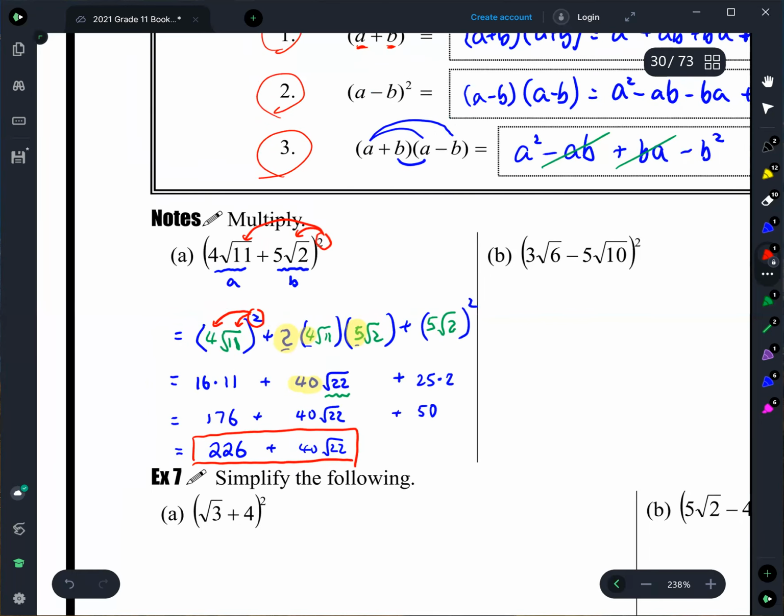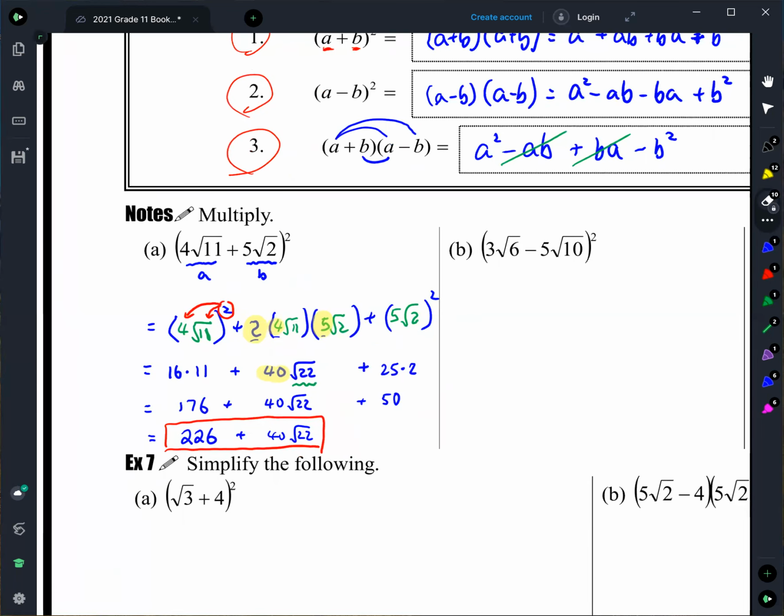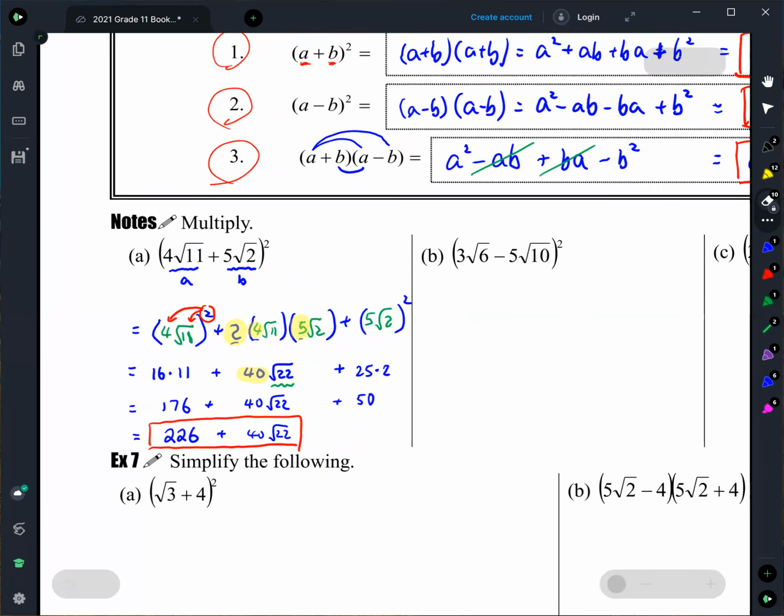A squared plus 2ab plus b squared. It's not just simply square each one of them, okay? So please remember that. But I'm sure, even though I keep saying it, I probably will catch 1 or 2 who still square each one, okay? So make sure you have your notes beside you so you don't forget.